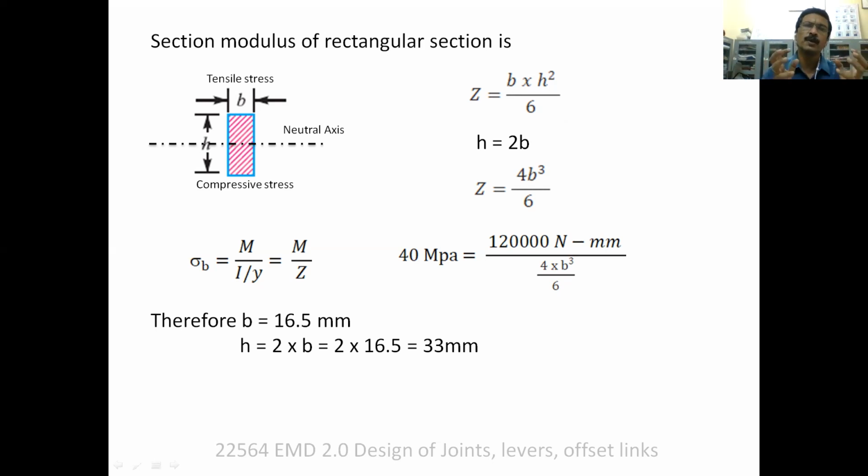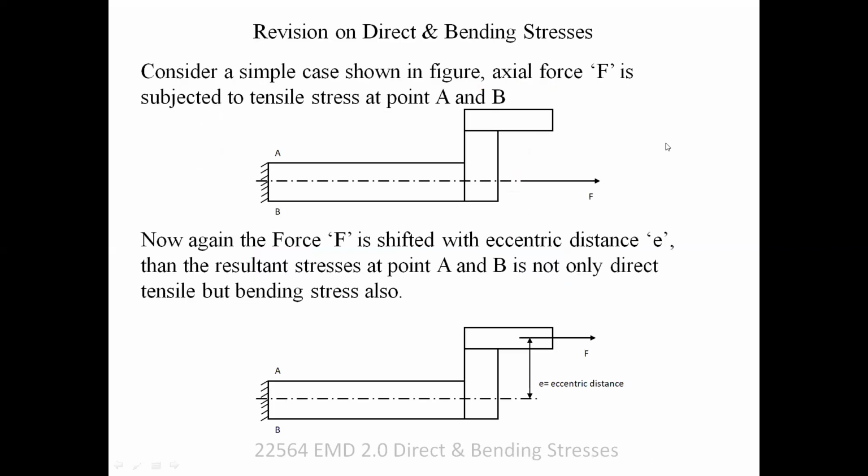Now, how this particular combination can be studied, or how we can analyze this, you have already studied in strength of material, but we'll take some revision here, and after that we can go for our various types of joints and levers in our offset links in our second chapter. So here let us take revision on direct and bending stress. Now in front of you there is one simple case shown in the figure.